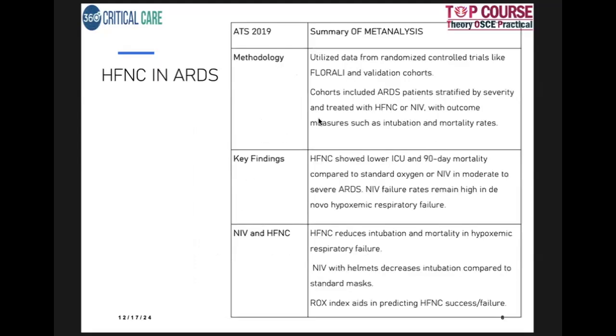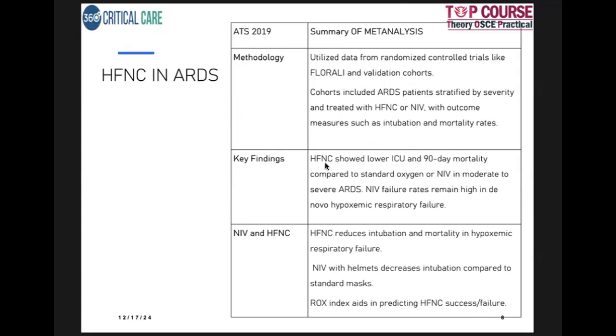Coming on to high flow nasal cannula, there was one meta-analysis by ATS in 2019, where they utilized data from all the randomized controlled trials, including FLORALI and other trials, which included ARDS patients stratified by severity and treated with high flow nasal cannula or NIV, with outcome measures such as intubation and mortality rates.